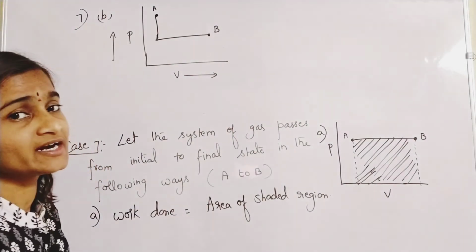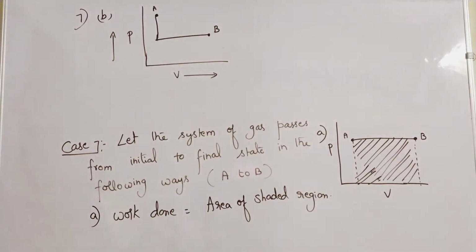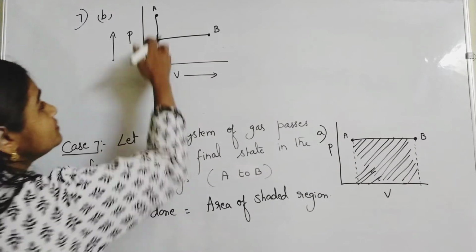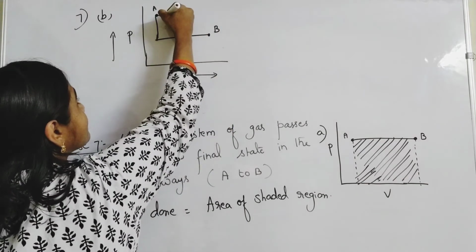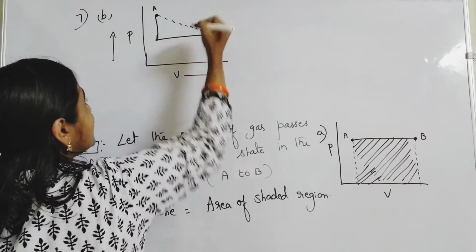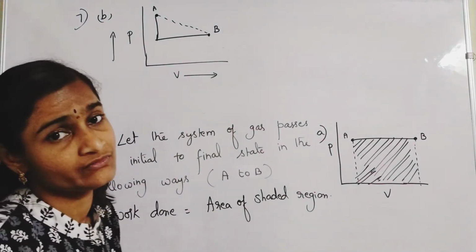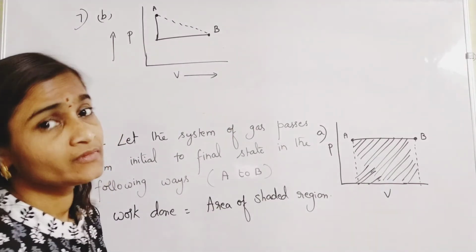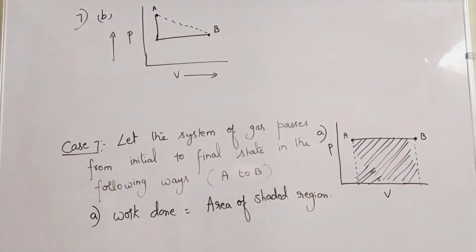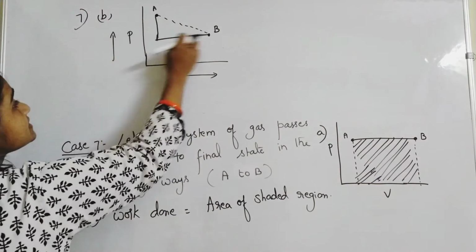Then how to find the work done? Here also you already get one curve. What are we always discussing? Area under the curve will give you the work done.